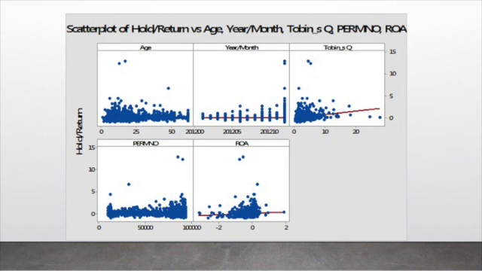Okay, so now when looking at this visually, basically we exported some scatter plots of the BHR to each of those significant variables, being age, year, month, Tobin's Q, PERMNO, and ROA.